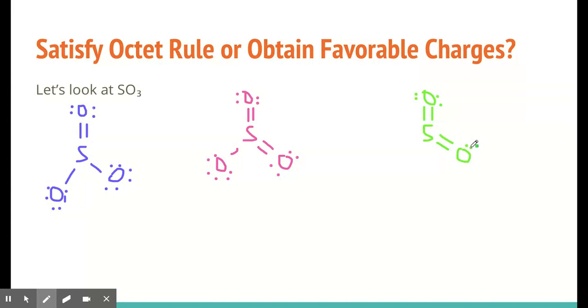So for this, which structure is more dominant? Do you look at the one that satisfies the octet rule, or is it the one that obtains the favorable formal charges?